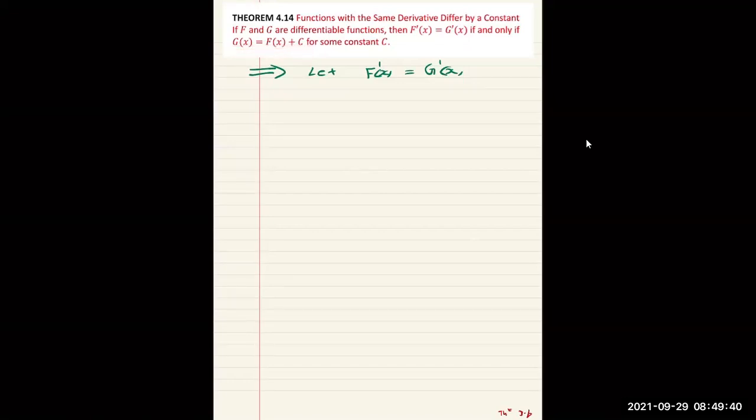What I'm going to do is move my g prime of x to the left hand side: f prime of x minus g prime of x is equal to 0. Now, by the rules for derivatives, we can write this as (f minus g) prime of x is equal to 0.